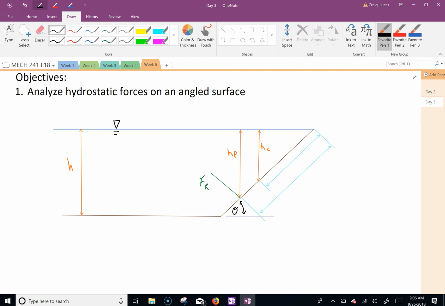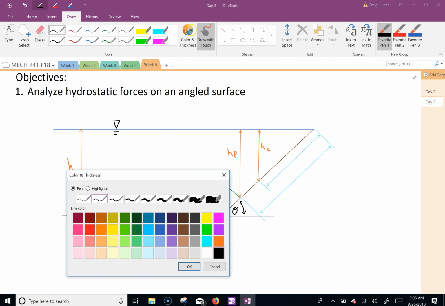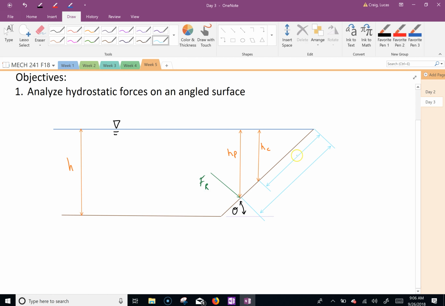So now we're going to go along that angle, and we're going to label these as YC and YP. So this direction now is Y. I don't like that. That looks bad. Got a nice sketch going. I don't want to mess it up. So this direction is Y.